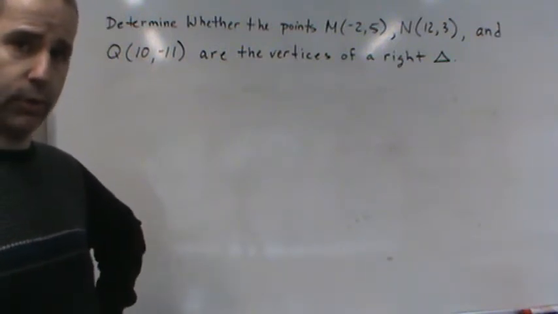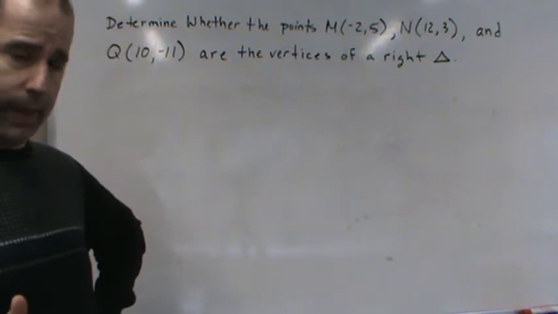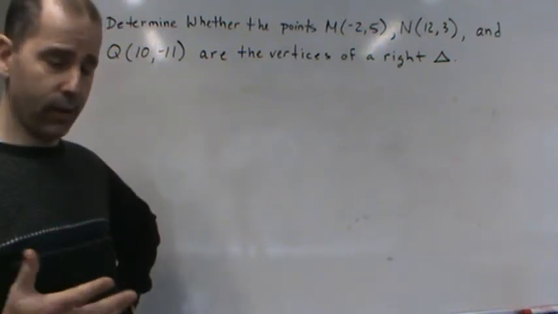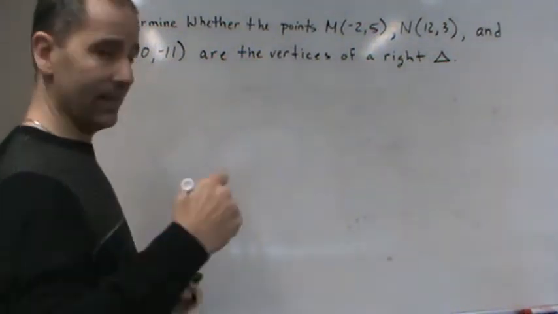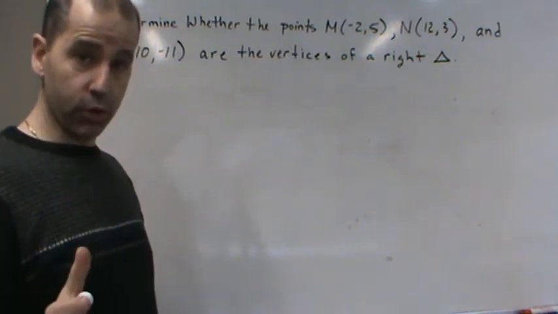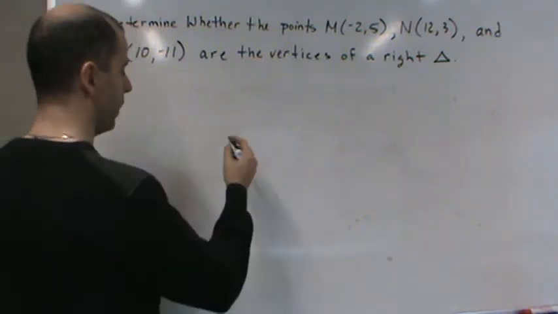So the first thing I would do is draw a picture and see in my mind what it is I'm going to have to show, to determine whether these are on a right triangle.